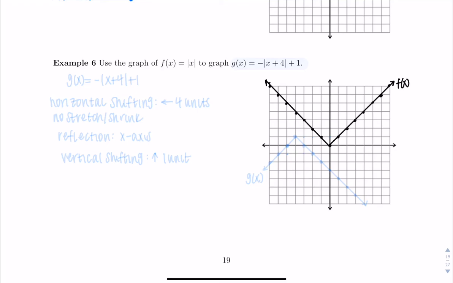All right, so g of x is negative absolute value of x plus 4 plus 1.